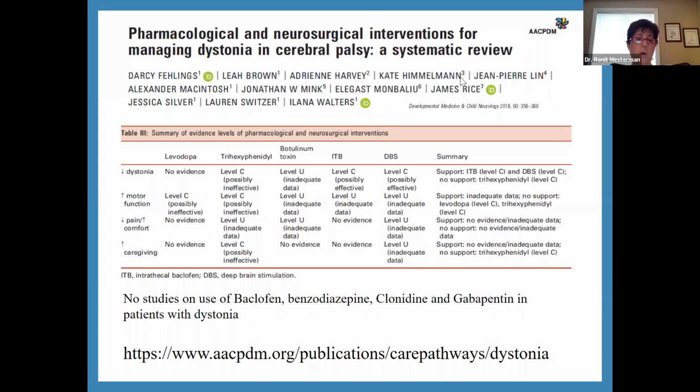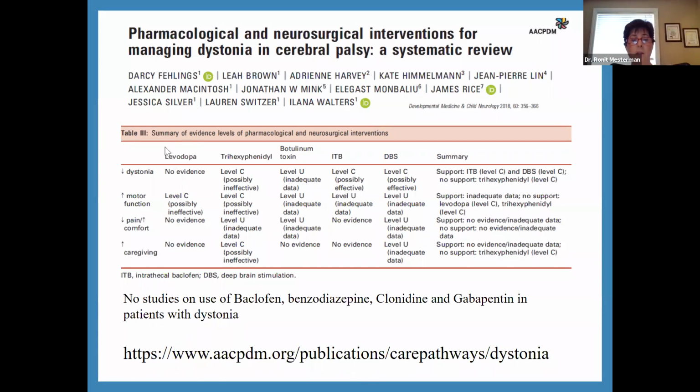They included only papers that had at least 5 patients, so they did not include case reports that are definitely available, and actually rated all these papers by strength of methodology.